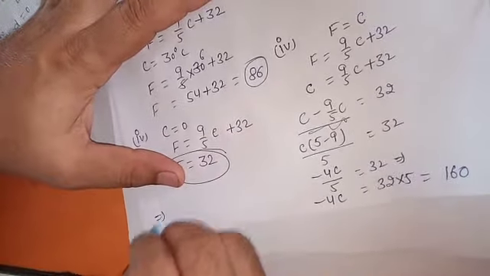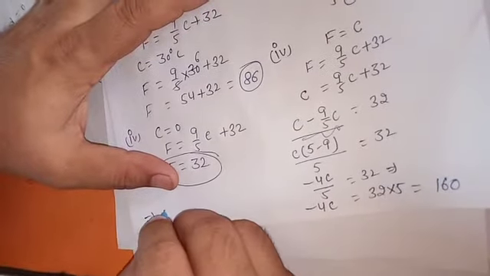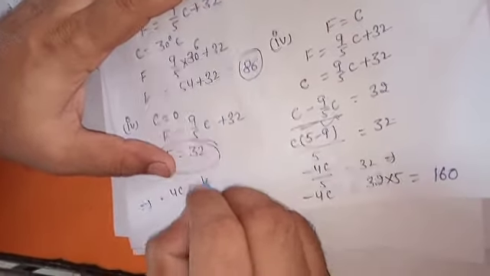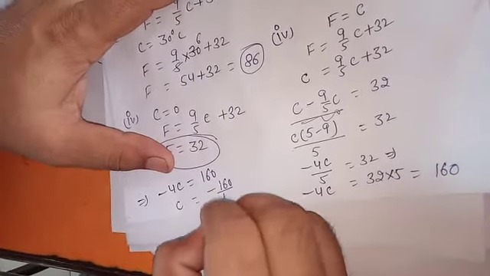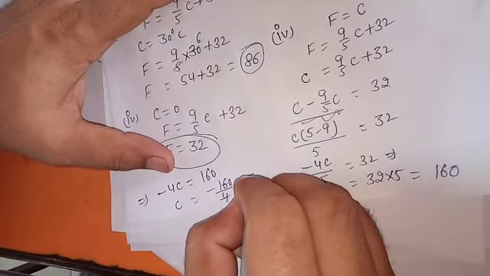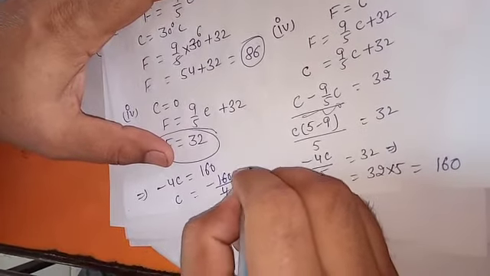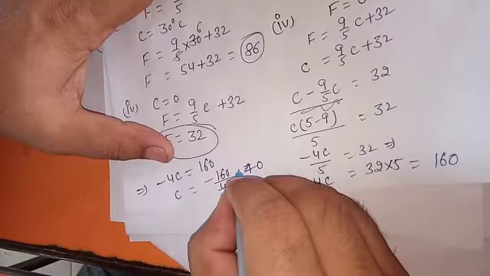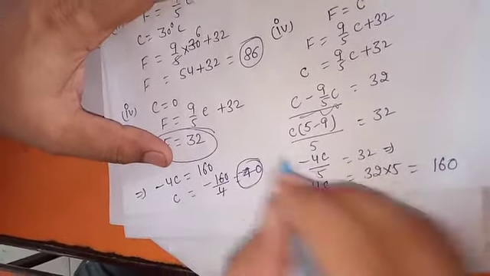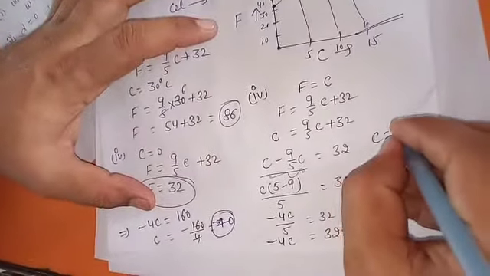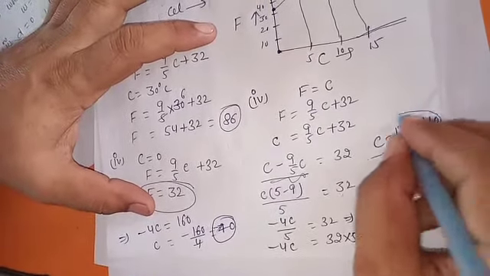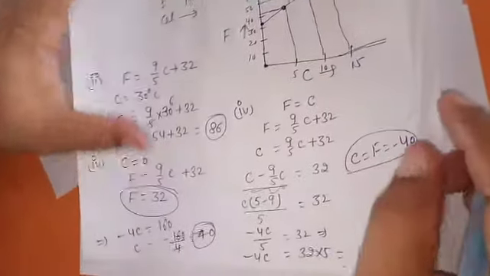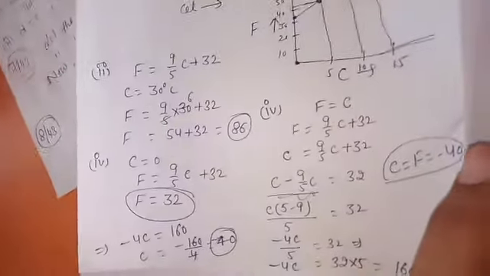So this implies minus 4C equal to 160 and C equal to minus 160 by 4. 4 4s are 16, 0, minus sign. So it means C equal to F equal to minus 40 degrees Celsius. These both become equal, Celsius and Fahrenheit. This is important. So this is all about this exercise.